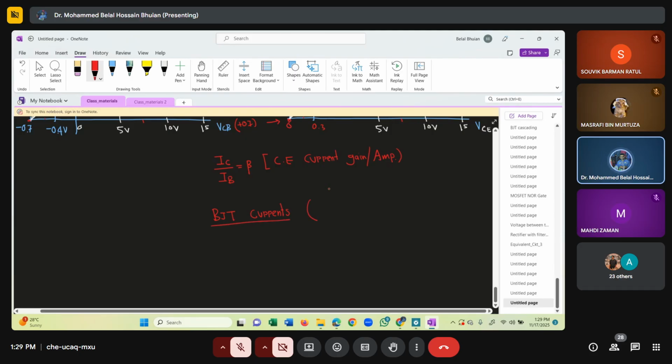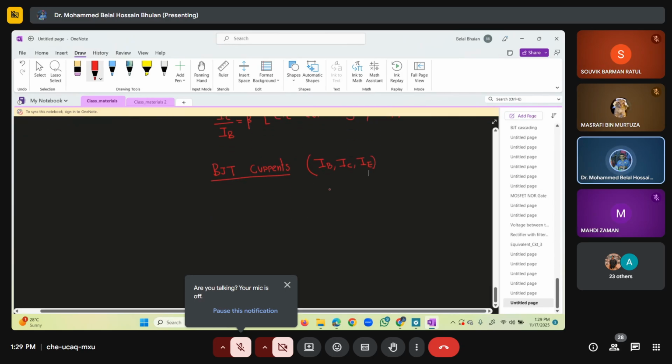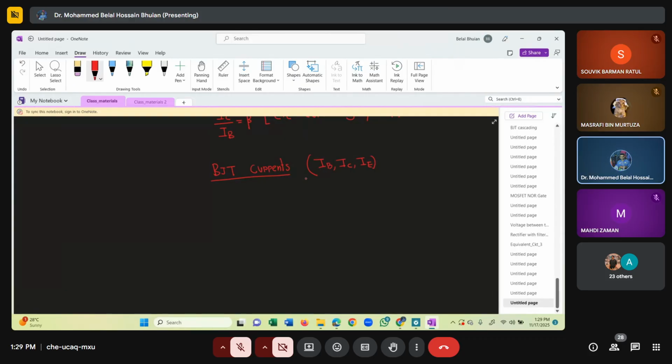Already we know that a BJT has three currents: IB, IC, and IE. The general relationship, regardless of the type of BJT, whether it is an NPN BJT or a PNP BJT, and whether the BJT is operating in the active region, saturation region or cutoff region, this is a universal relationship: IE equals IC plus IB.